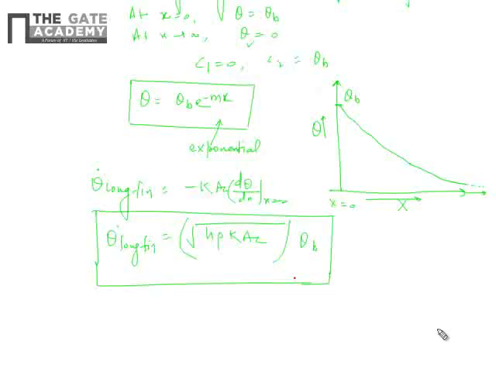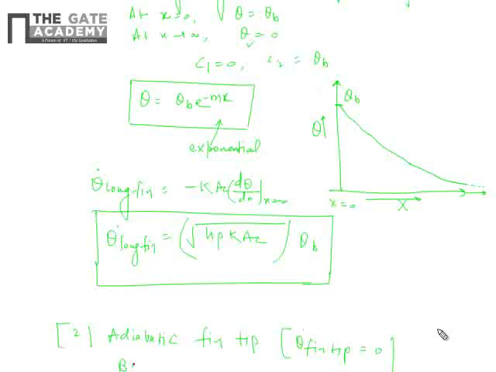The second type of fin is the adiabatic fin tip. What we mean by adiabatic fin tip is there is no heat loss from the fin tip, that is Q dot fin tip is equal to 0.